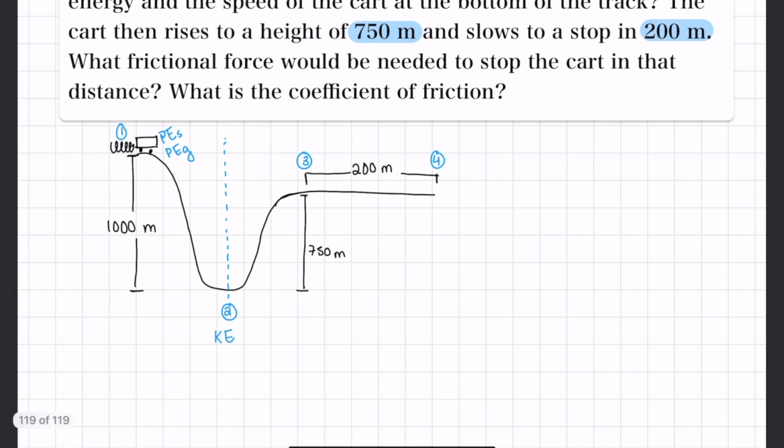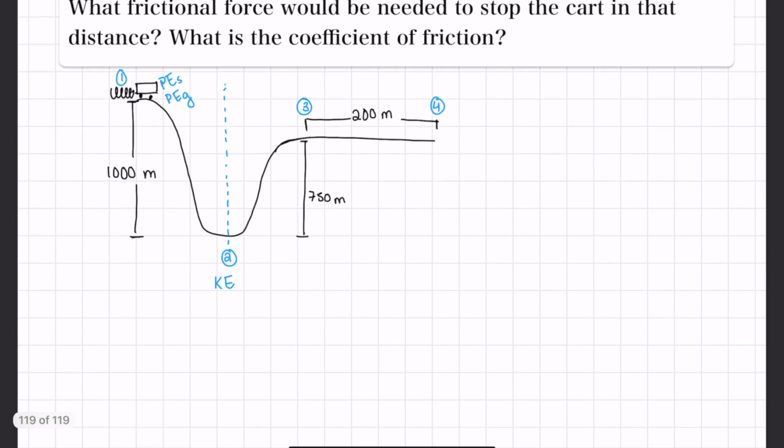So if we look at the conservation of energy equation, which I'll write over here. So E total initial plus W net equals E total final. So our initial spot is going to be at spot 1.